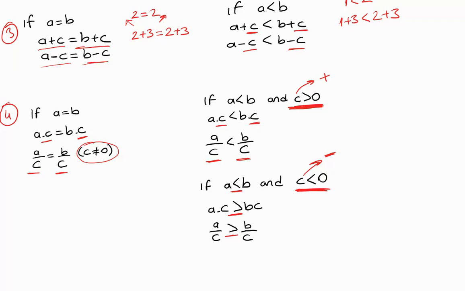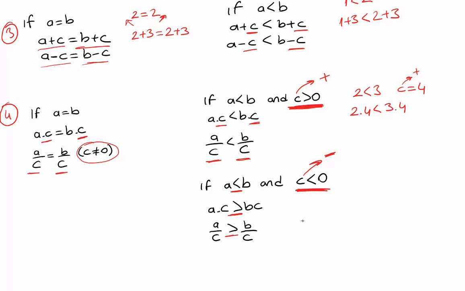Let me give an example. Let's say we have 2 less than 3 and we choose C as 4. So I'm choosing a positive number. So when I multiply both sides with 4, my inequality doesn't change.